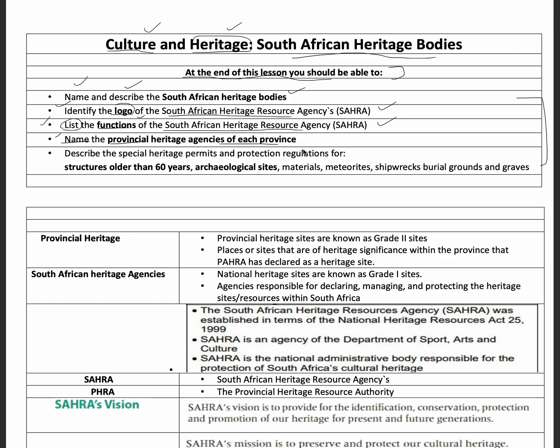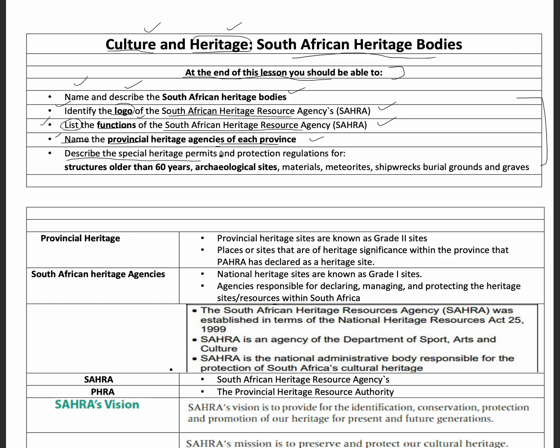We have 9 provinces, so be able to name the provincial heritage agencies of all the 9 provinces that we have. Then the last part is to be able to describe the special heritage permits.